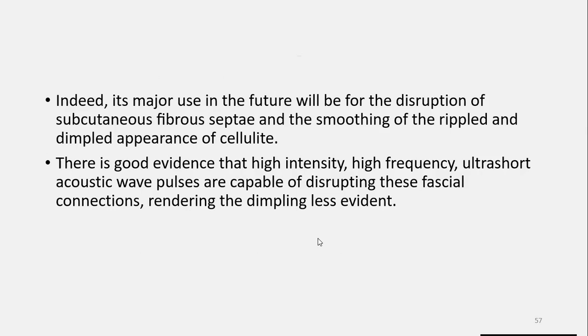Indeed, its major use in future will be for disruption of subcutaneous fibrous septa and smoothing of the rippled and dimpled appearance of cellulite. There is good evidence that high-intensity, high-frequency, ultra-short acoustic pulses are capable of disrupting these fascial connections, rendering the dimples less evident.